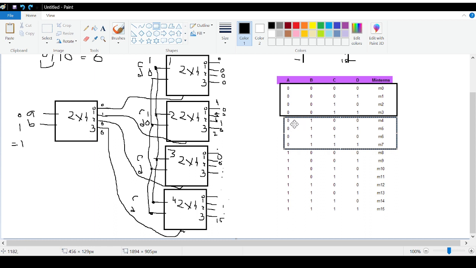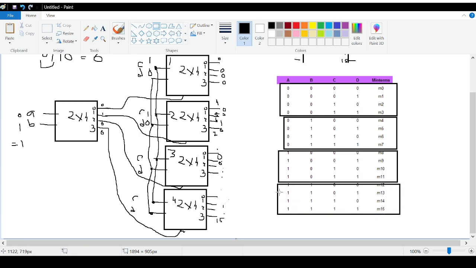That means when AB is 0 1, output number 4 to 7 can occur. Rest of the output cannot occur, because in this 4 bits the input is 1 0, and in the rest over here the AB is 1 1.